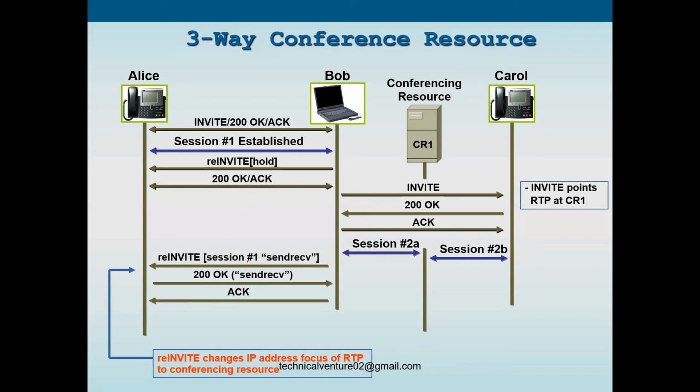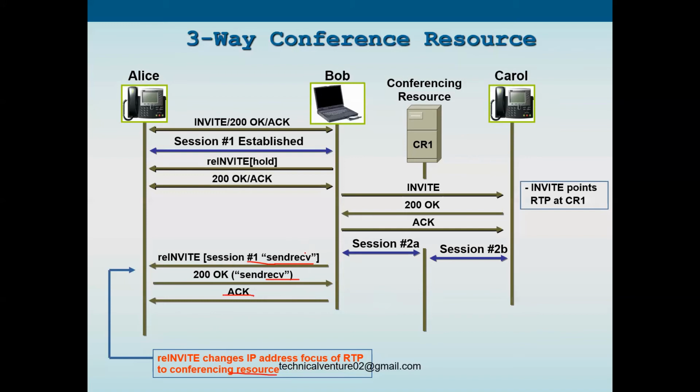It re-invites session 1, as there is session 2A with the conference resource and session 2B between Carol and the conference resource. It will send the send-receive message. Then there will be 200 OK as send-receive, and then an acknowledgement from Bob to Alice. As you can see, the re-invite changes the IP address focus of RTP to the conferencing resource. Earlier you could use two methods, send-receive or 0.0.0.0.